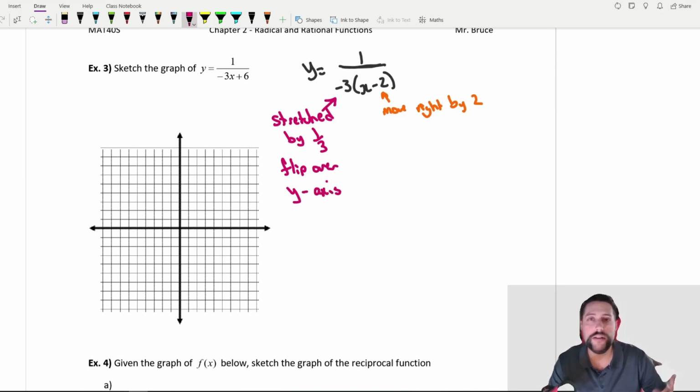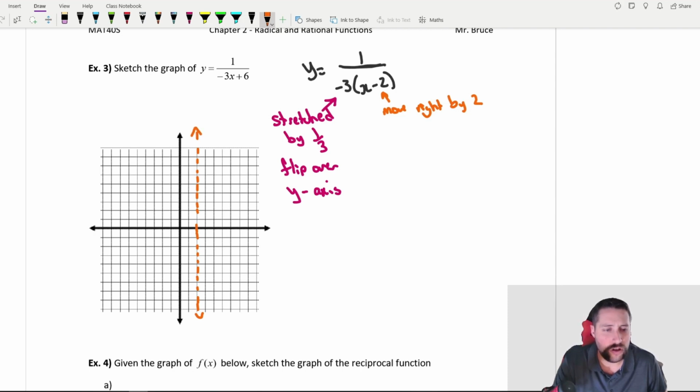So let's go ahead and remap this. We want to make sure that we find our new asymptotes. We have to find a number that makes this denominator 0. In this case, it's going to be 2 because we've basically picked up and moved the graph over to the right by 2. So that's where our new vertical asymptote will be.